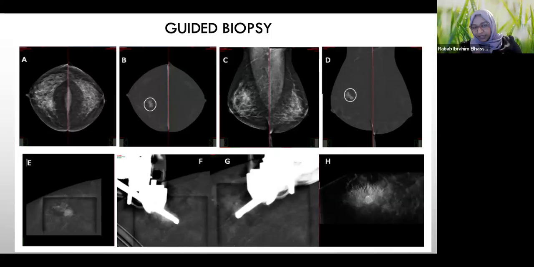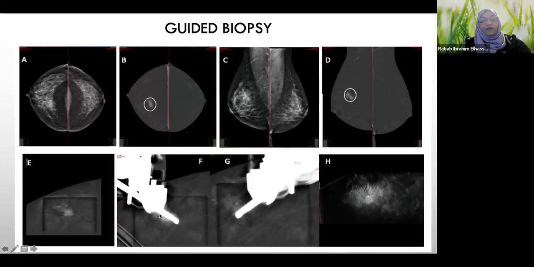You have to do contrast enhanced mammogram first before you bring her for contrast enhanced mammogram biopsy, so you know where the lesion is. So you bring the lady, you inject the contrast, you position her in the best position you think for accessing the lesion, and then you will target this with your stereo biopsy.